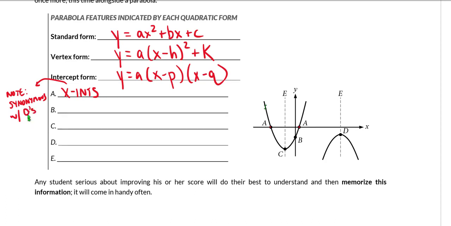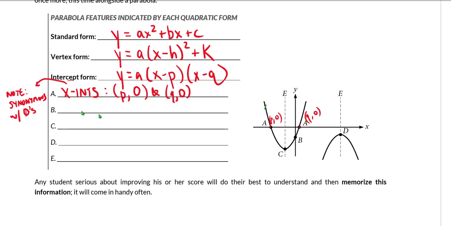X-intercepts are synonymous with the zeros of the function, the zeros of the quadratic. And remember that your x-intercepts are from intercept form, (p, 0) and (q, 0). Now obviously p could be greater or q could be greater, but one of these two intercepts is going to be (p, 0) and the other is going to be (q, 0).